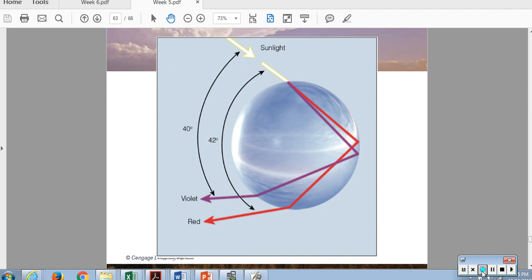So sunlight is typically white light of all the colors of the rainbow. When all the colors of visible light strike your eye at once, you see white. So the only time you can see the separate colors is if only those specific portions of the visible spectrum hit your eye one at a time.